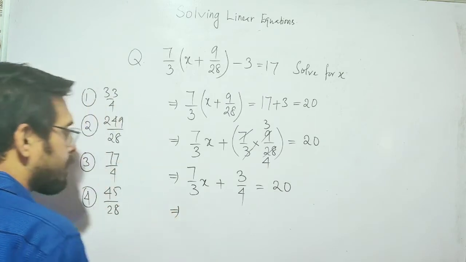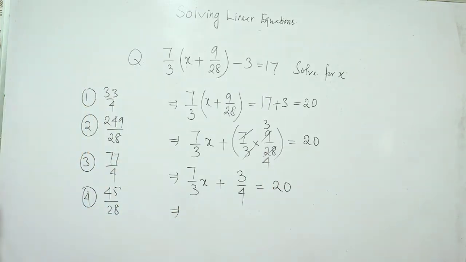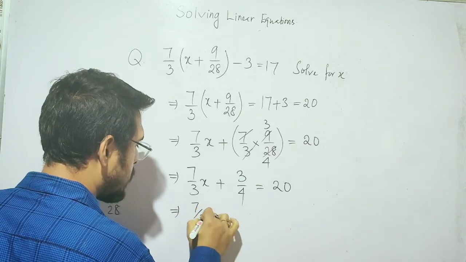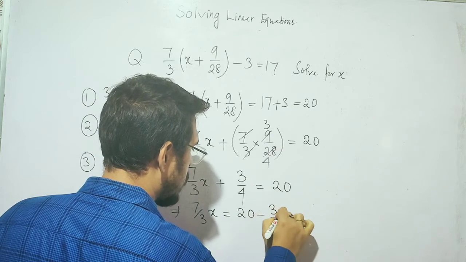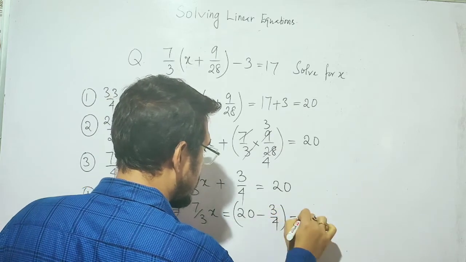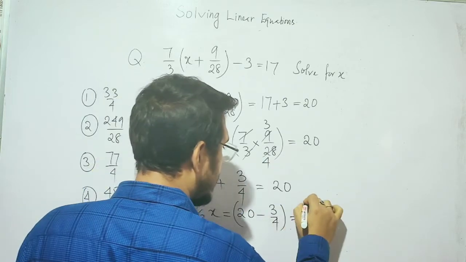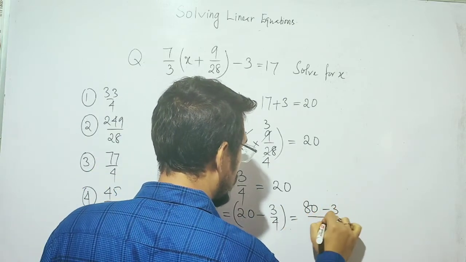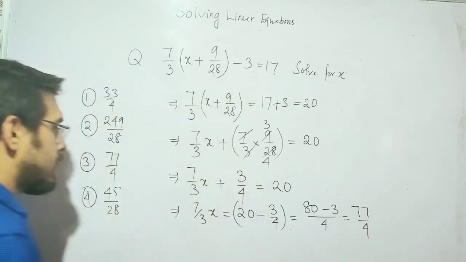Now next thing, this 3 over 4 can go on the other side. So that will be 7 over 3x equals to 20 minus 3 over 4, which is 4 times 20 is 80 minus 3 over 4, which is 77 over 4.